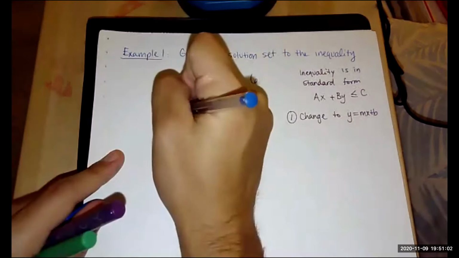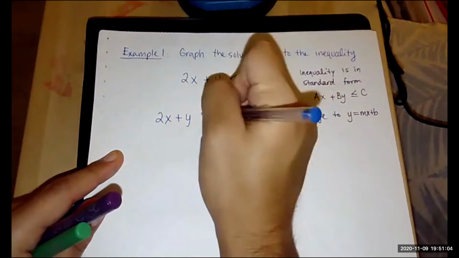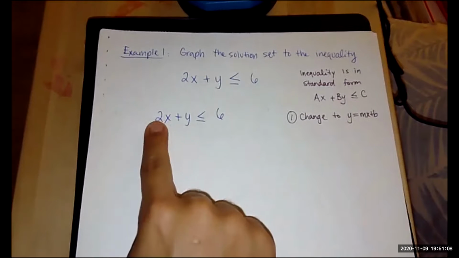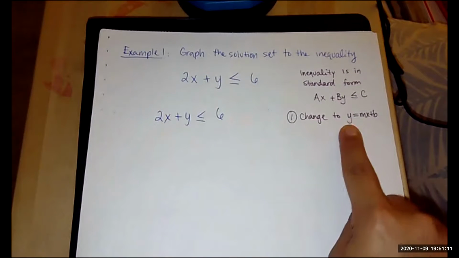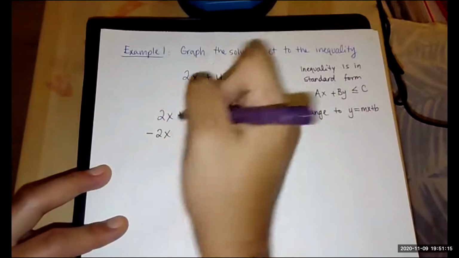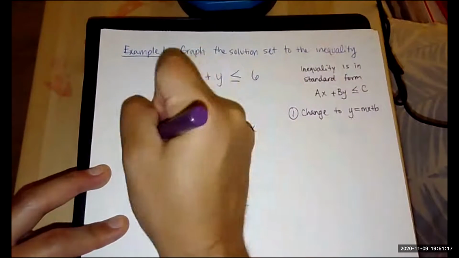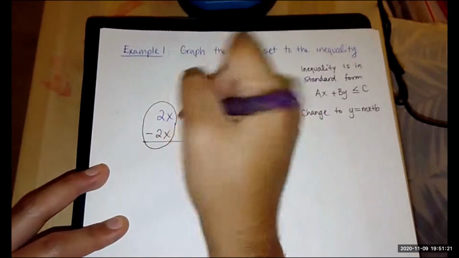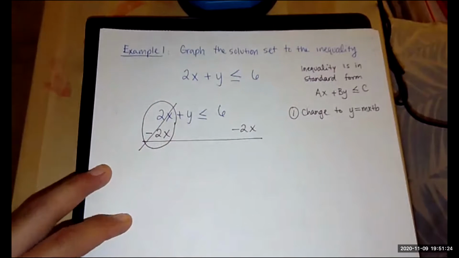So let me write this inequality down so I can start working on it. Okay, I want to move the x over here because I want the y by itself. So I'll subtract 2x from both sides so that my 2x and my negative 2x here will cancel out.